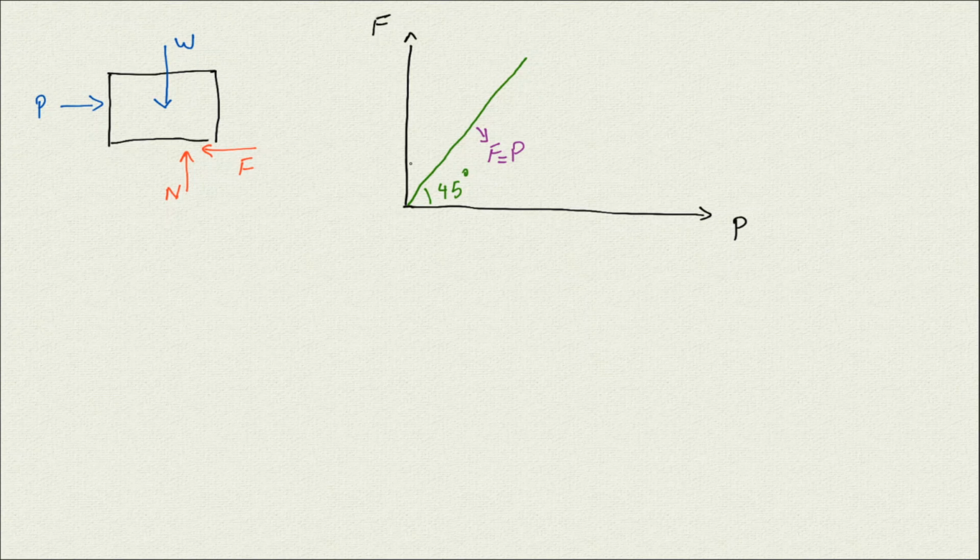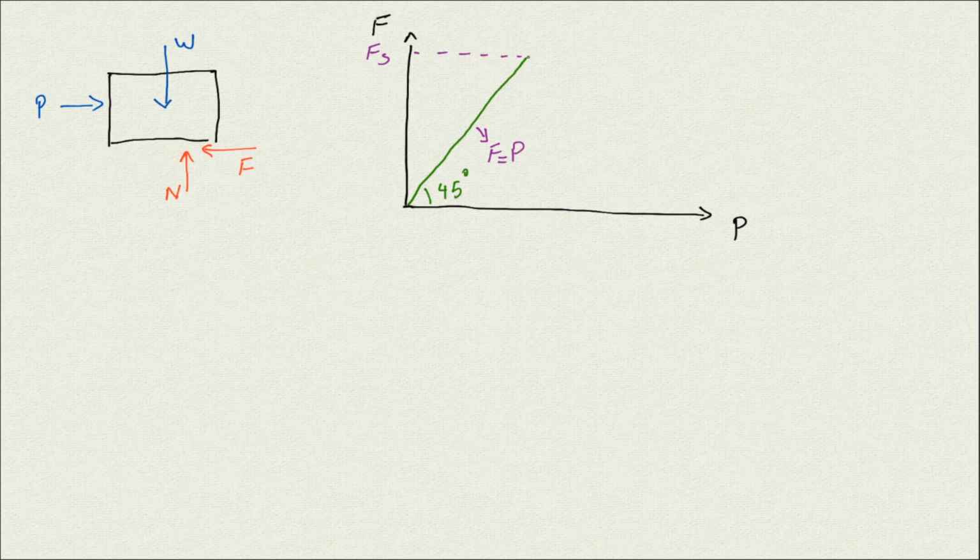And then eventually it reaches the verge of motion, when it wants to start to move. At that point it reaches its maximum value, and it becomes equal to Fs. We know the maximum value of the friction was Fs, so it was increasing, increasing, until it gets to Fs.